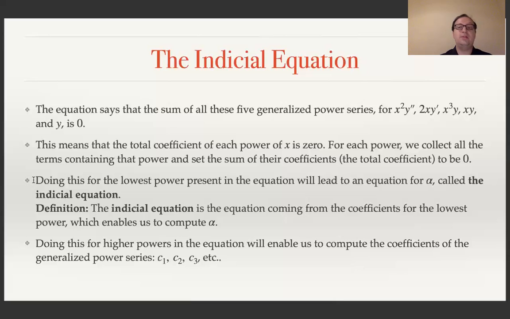So now there are 2 cases. Doing this for the lowest power present in the equation, so the lowest power in the generalized power series, will lead to an equation for alpha itself. So this is how we find what alpha has to be. We set up the equation for the lowest power present in the original equation.